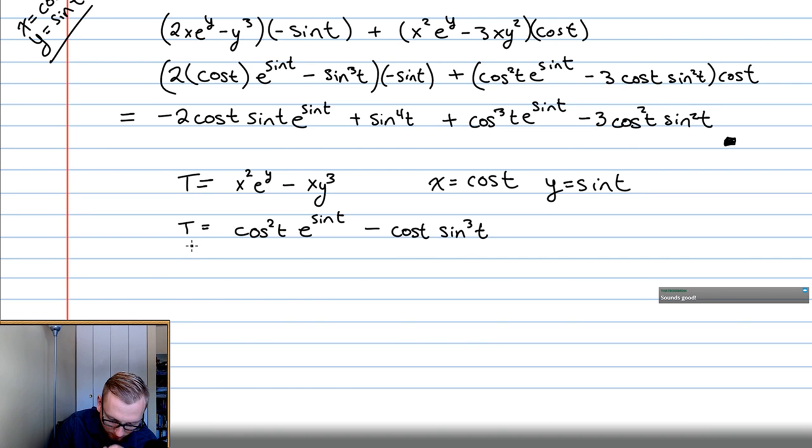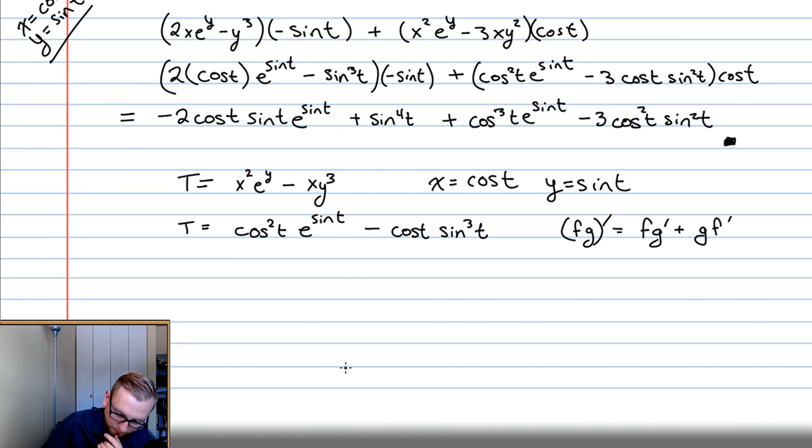Okay, differentiating, product rule. So we've got two functions. The derivative of two functions is f g prime plus g f prime. So we're gonna differentiate both of them. Now our f would be our cos squared and our g would be e to the sine t.